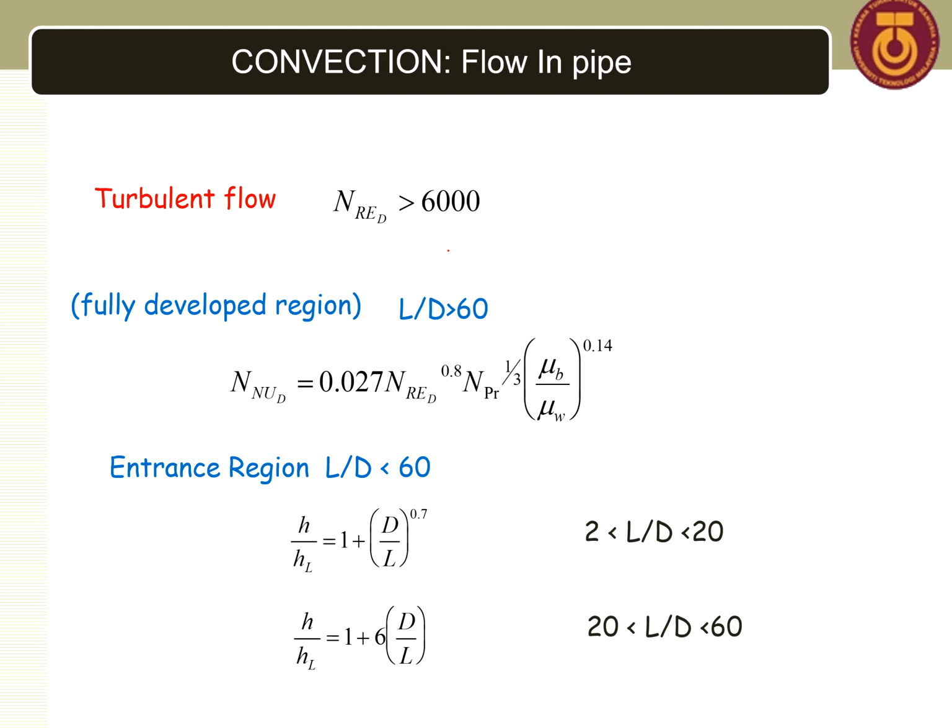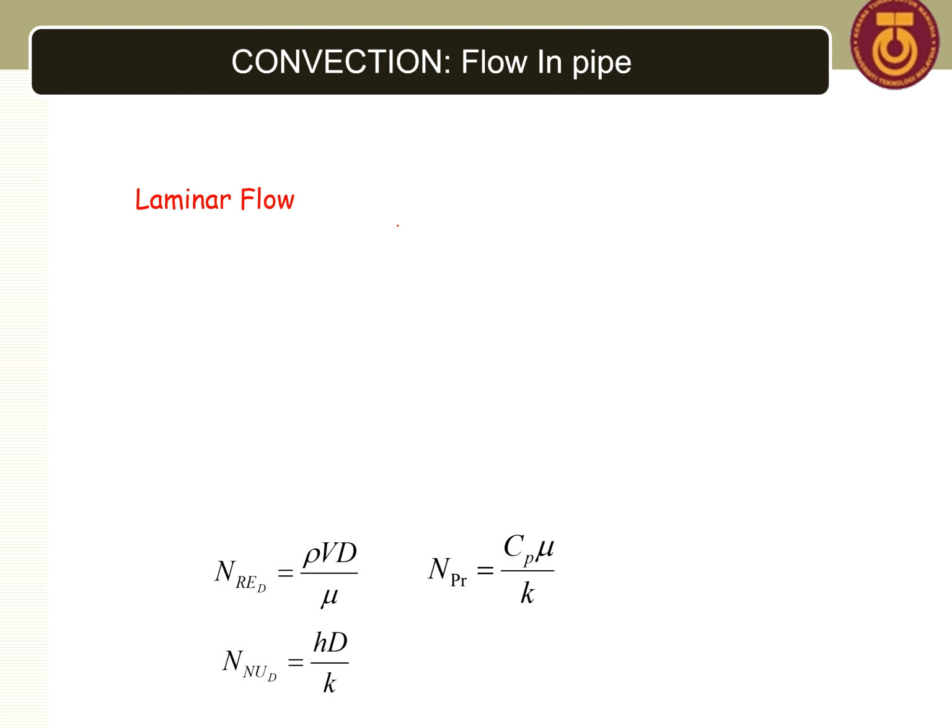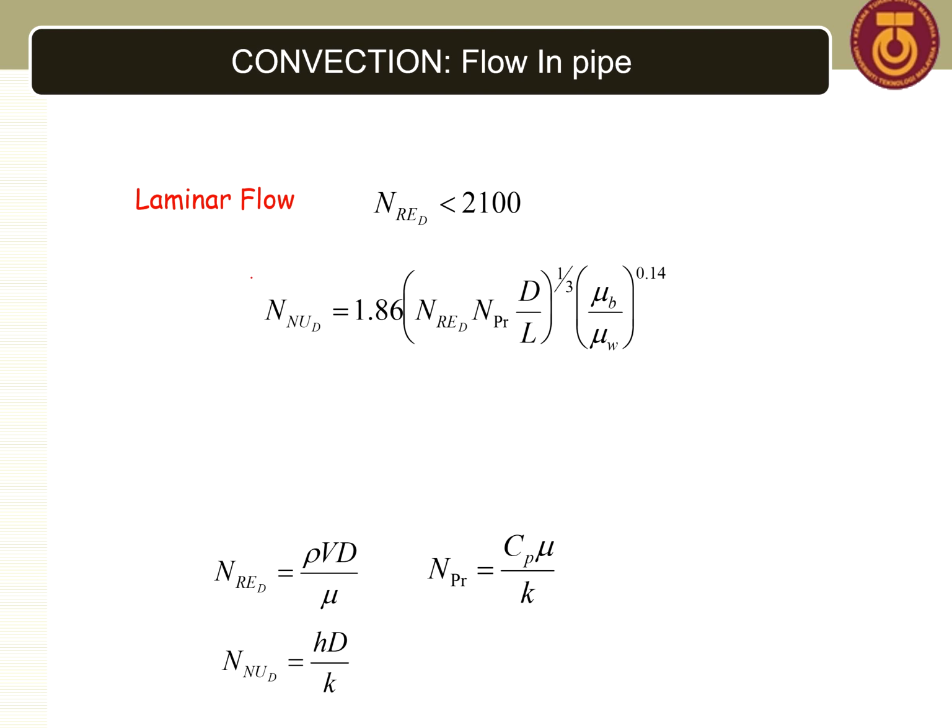If you still remember, the correction is only needed if your Reynolds number is in the turbulent flow region. If your Reynolds number is in the laminar flow regime, which is less than 2100, then you can use the Nusselt number without any correction needed for the h value.